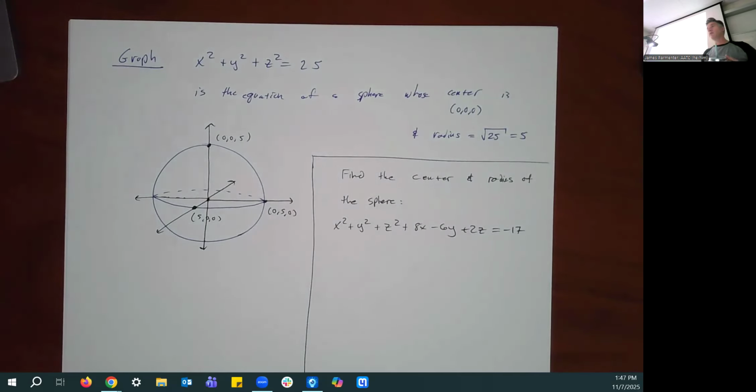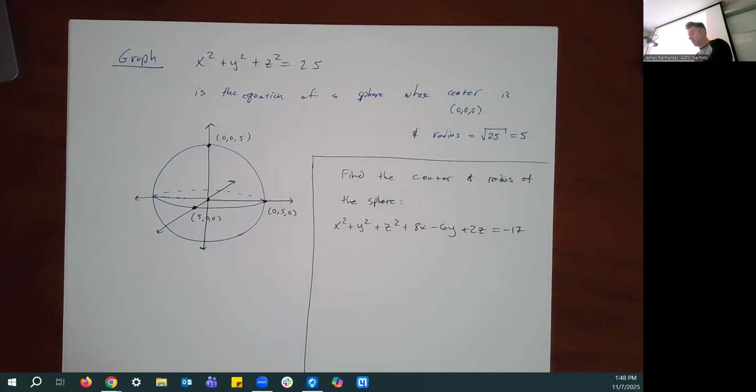You might notice this sphere is not written in the standard way. Just like there's a standard way of writing the equation of a circle, x minus the x coordinate of the center squared plus y minus the y coordinate of the center squared equals the radius squared, the same thing is true for a sphere.